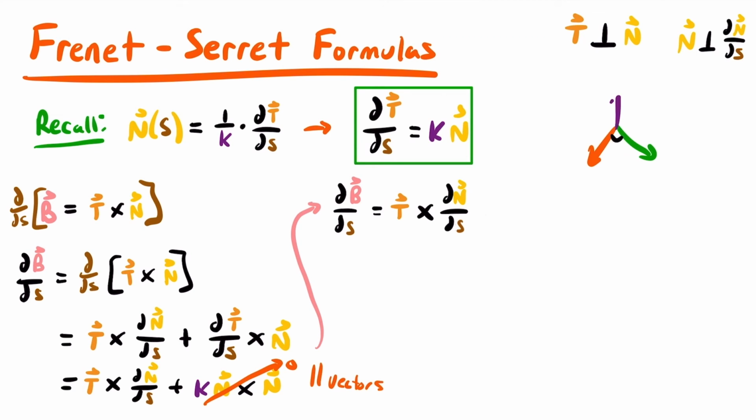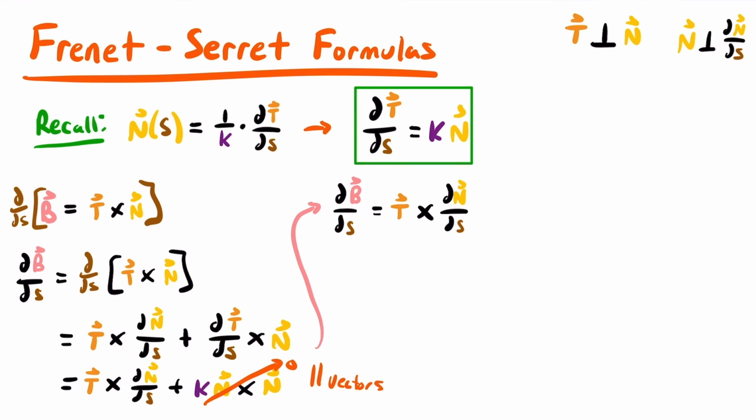All right, it would give you a vector like this. That is the vector that is perpendicular to both of those vectors. So if you think of this vector as T and this vector as dN/ds, they're both perpendicular to the same vector, then their cross product must be parallel to that vector. It only makes sense. It might point in the other direction, but it will be parallel to the vector that they are both perpendicular to, which in this case is N.